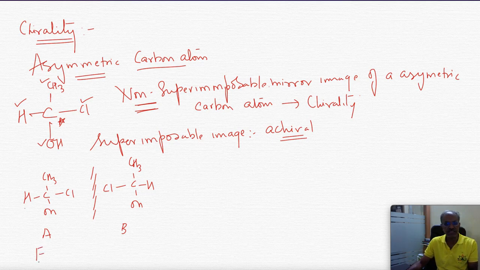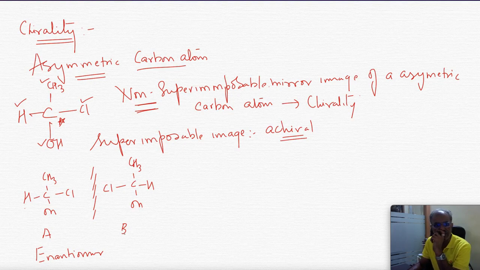That means these are enantiomers. The non-superimposable mirror image of an asymmetric carbon atom is known as chirality.